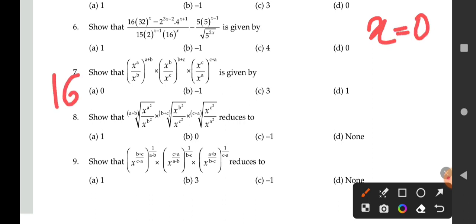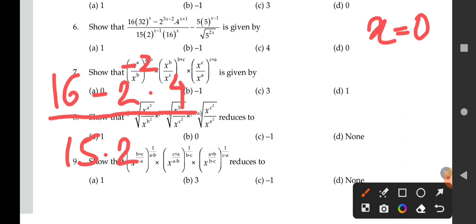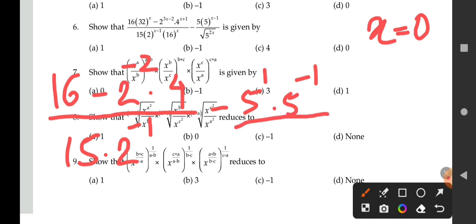What do we get? 16 into 32 power 0 is 1, minus 2 raised to minus 2, into 4, divided by 15 into 2 raised to minus 1, into 1 minus 5 raised to 1 into 5 raised to minus 1, divided by square root of 5 square x.